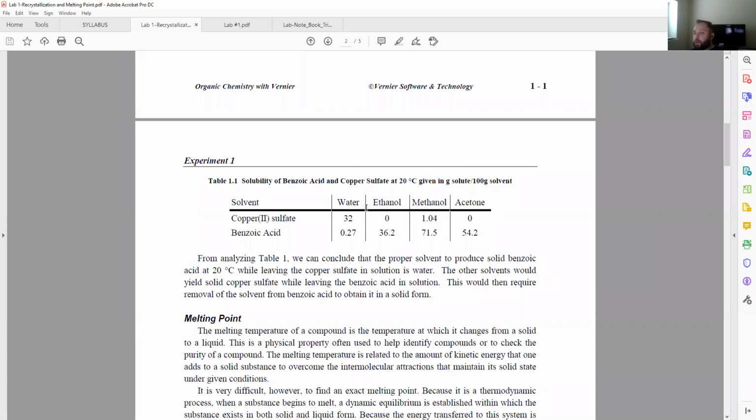You would see here, at 20 degrees Celsius, which is basically room temperature, that this is extremely soluble at room temperature, and this is very insoluble. So you would pick this one, because you know that once it cools back down, all this will precipitate out.